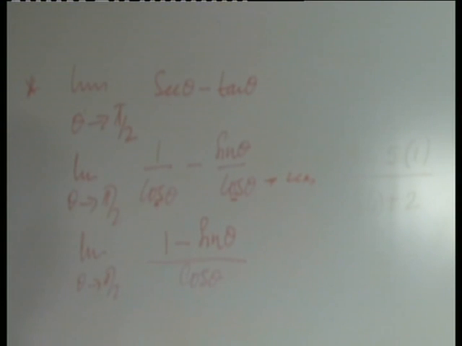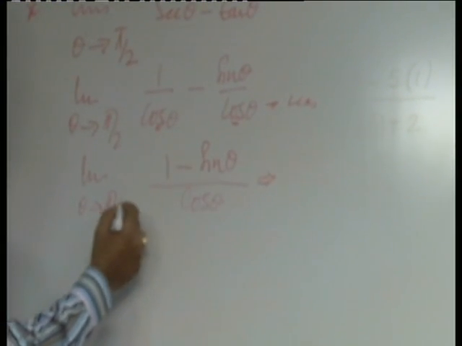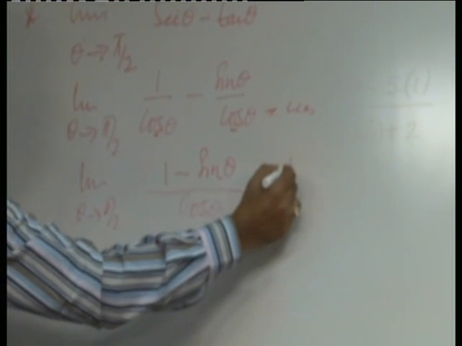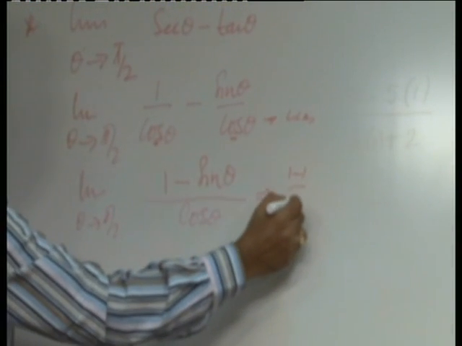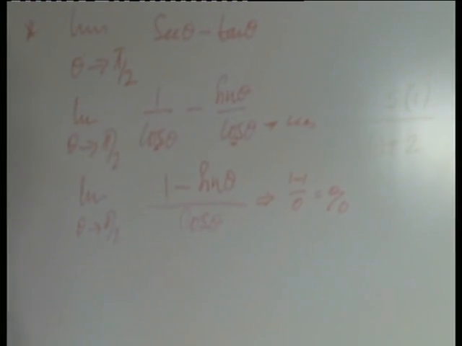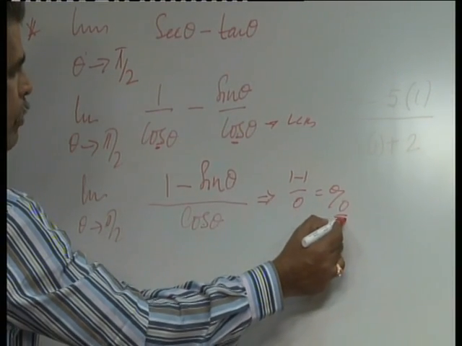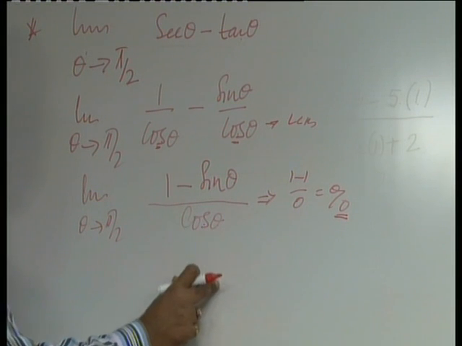If you apply the limit, again what does it become? Sin 90 is 1, 1 minus 1, cos 90 is 0, therefore 0 by 0. Again I cannot take it as a standard value, it becomes an indeterminate form.